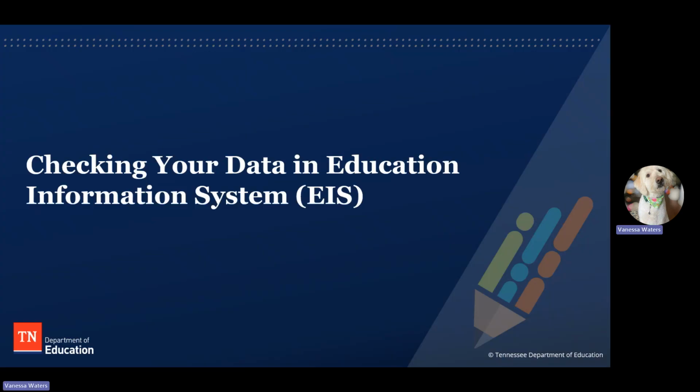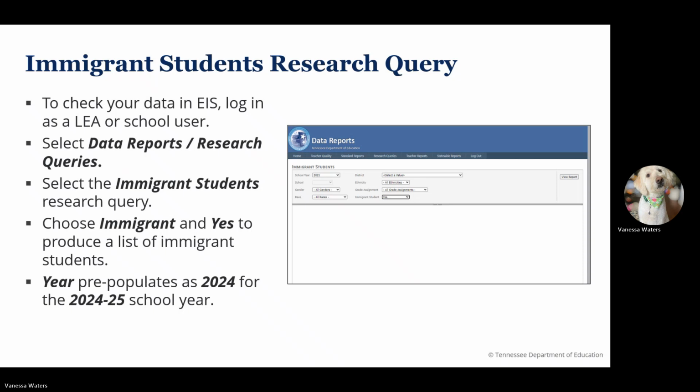All right, now let's look at checking your data in your Educational Information System, EIS. Immigrant Students Research Query. To check your data in EIS, log in as an LEA or school user. First, select Data Reports, Research Queries.